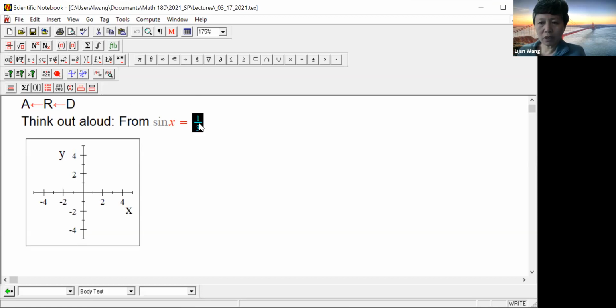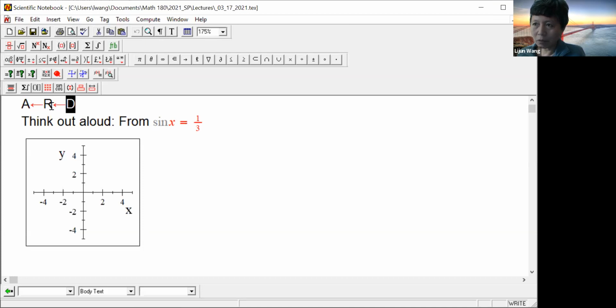So 1/3 is the ratio, right? I know the definition of the ratio of sine, which is y over hypotenuse, y over r, yes. And this number is positive, because next from the D, I'm going to identify the R. Do you follow me?